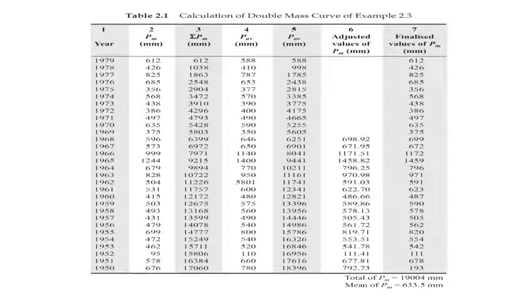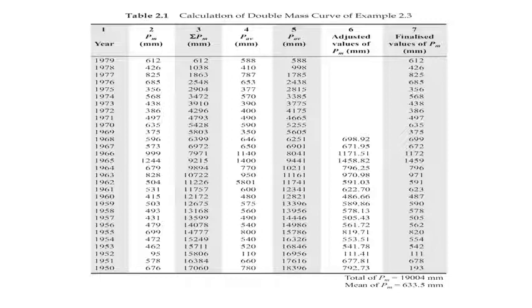Now you will calculate column number 6, that is the adjusted value of PM. You have to take the ratio of these two slopes multiplied by the precipitation value at station M. These two slopes you will get from the previous curve.